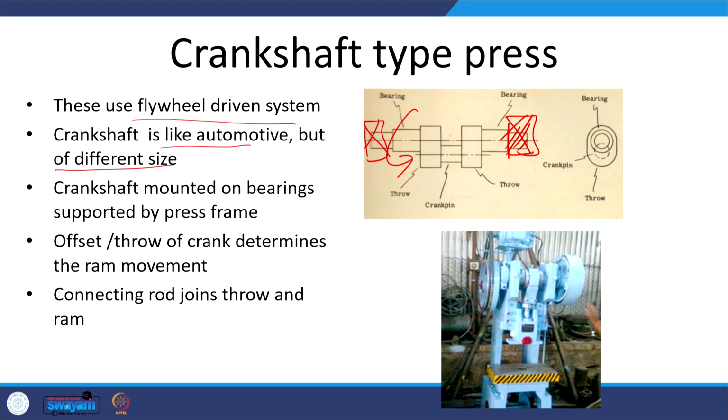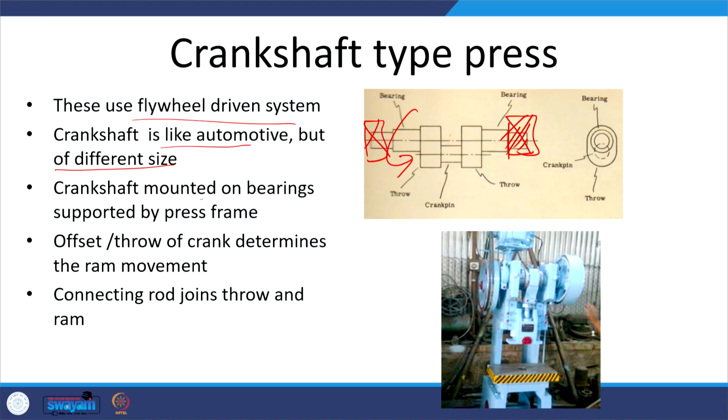So, in order to avoid that, the flywheel system is used, so that we can engage and disengage the motor from the crankshaft in order to avoid overloading, especially when the pressure is applied during the operation. Okay. So, the crankshaft is mounted on the bearing, and it is supported by the frame of the press. The frame of the press will be taking all kinds of loads and stresses that will be generated during the operation.